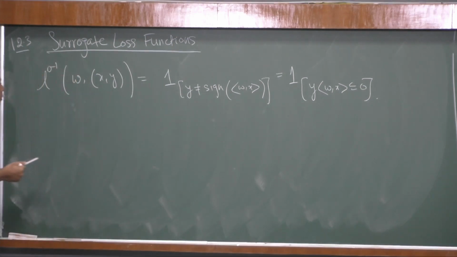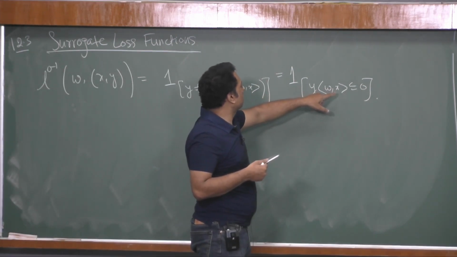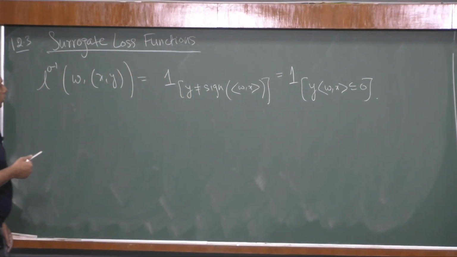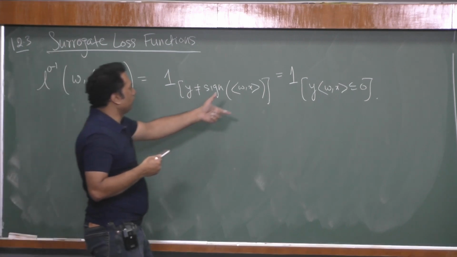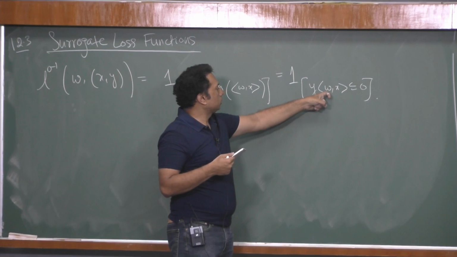In the linear predictor, we said that our losses were defined in a way that when y W transpose x is less than or equal to 0, we were predicting the wrong class. If the classifier is doing well, this holds in both cases.